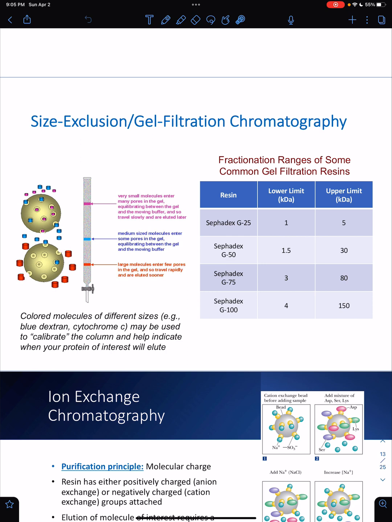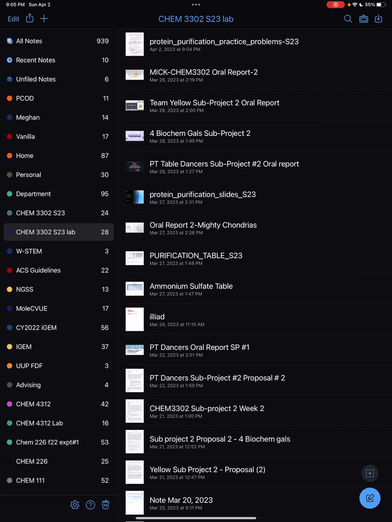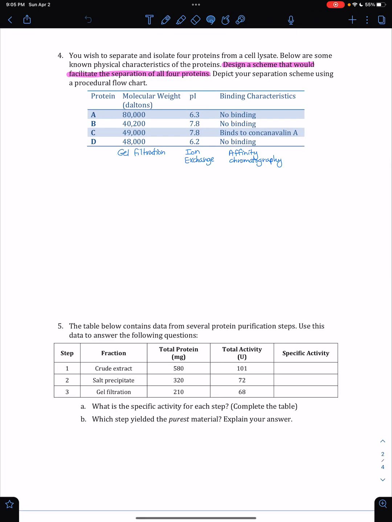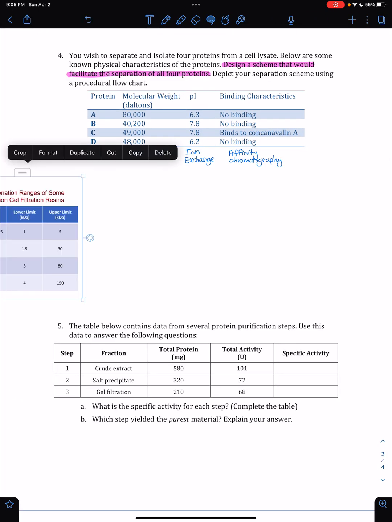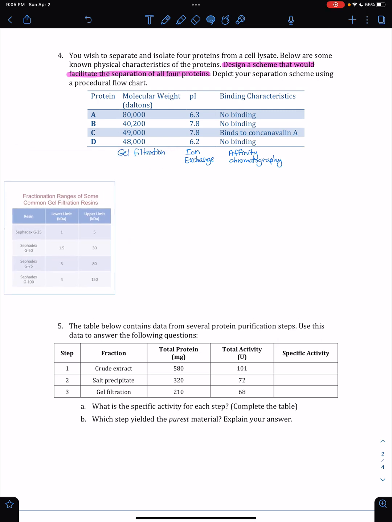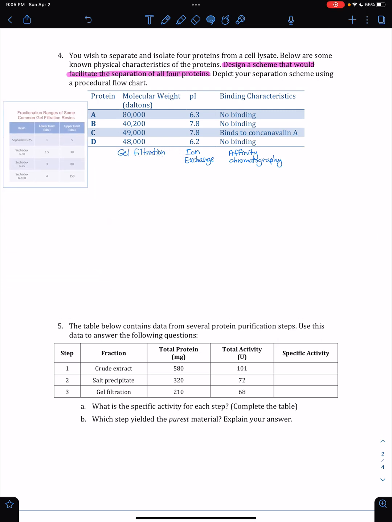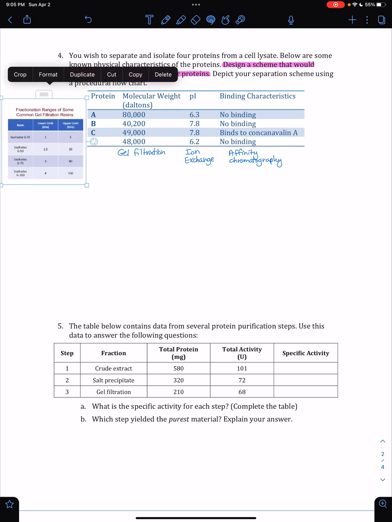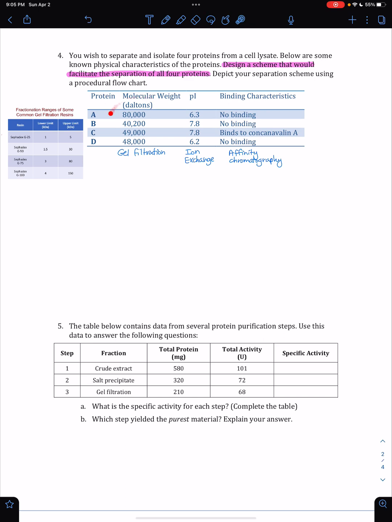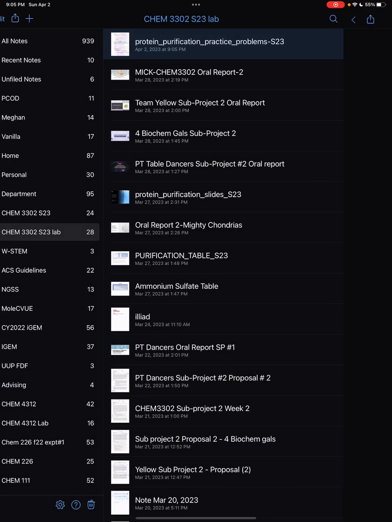I'm going to see if I can copy this, and paste it into here. Oh, we can. Yay. All right. So I'm just going to paste this here so that we have the properties of the gel filtration resins. So that when we look at the molecular weight sizes, we can choose an appropriate kind of resin. Okay. The other thing I'm going to do is let's go look at ion exchange.